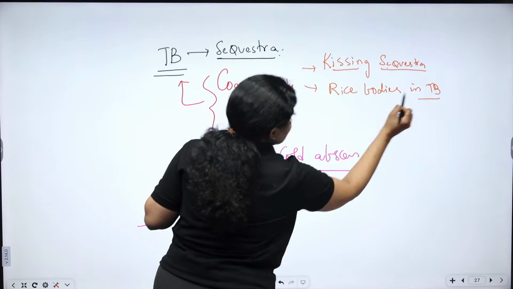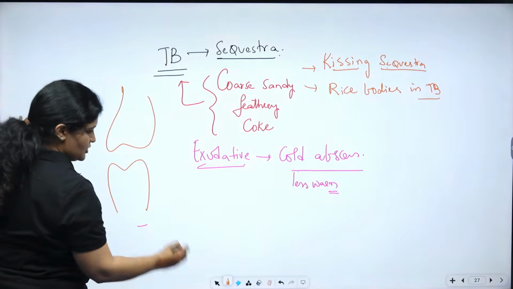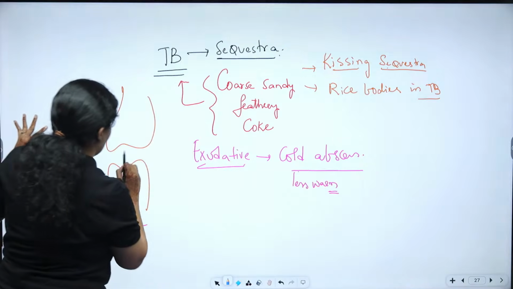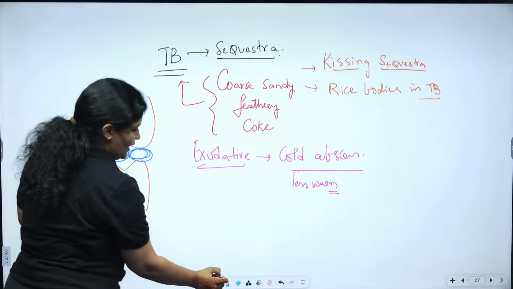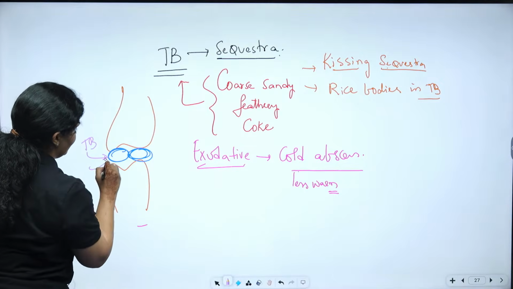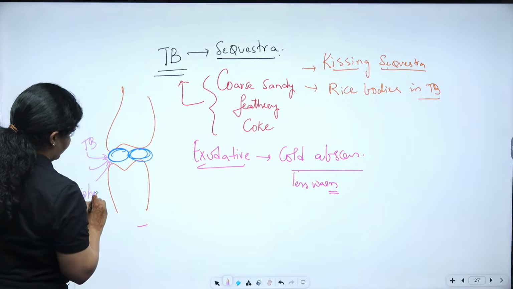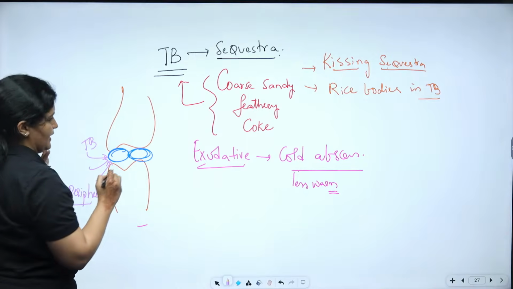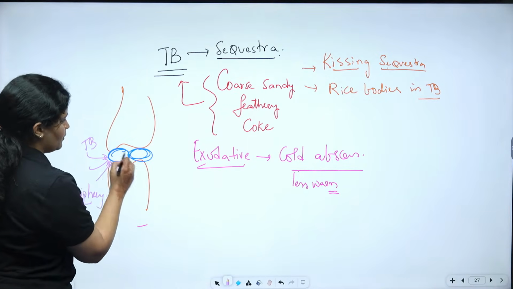So what are all these? What happens in tuberculosis is, firstly, imagine this is the joint and this is your cartilage. The TB will come and start the destruction from the periphery. It will not go to the center suddenly. It will go to the periphery and then destroy all the subchondral bone and everything.